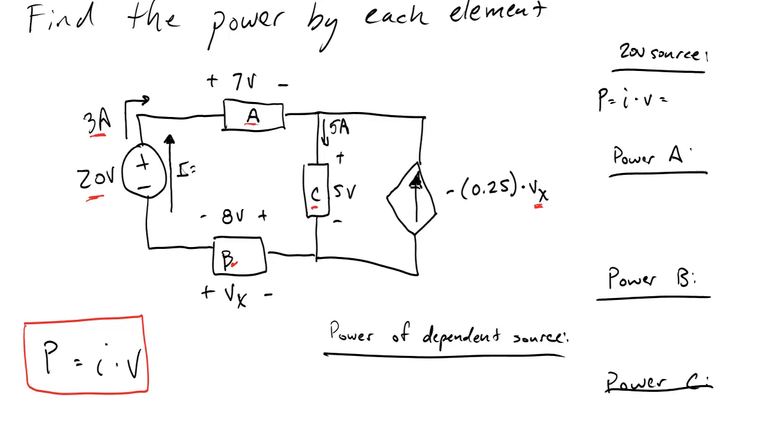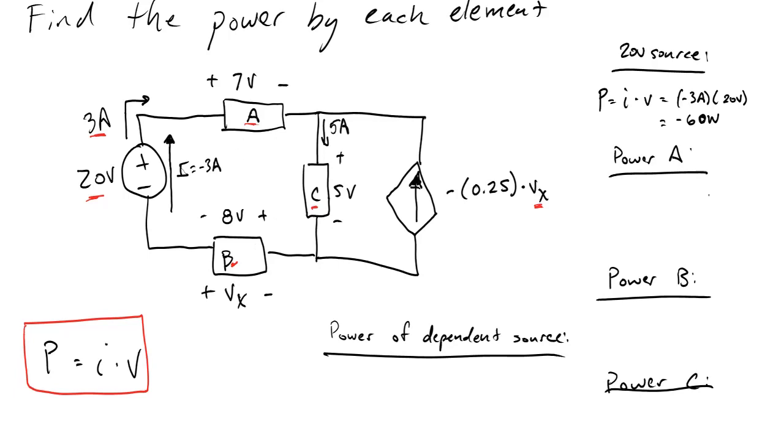The current through this source is actually minus 3 amps when we're trying to find the power absorbed. So minus 3 amps times 20 volts is minus 60 watts. That makes sense, guys, because these are sources. They're not going to be absorbing power, they're producing power. So minus 60 watts shows that this voltage source is actually producing power, not absorbing it like these other elements.